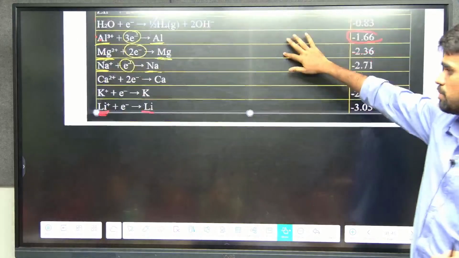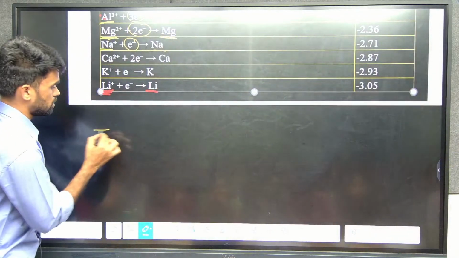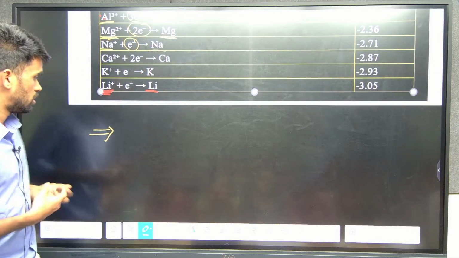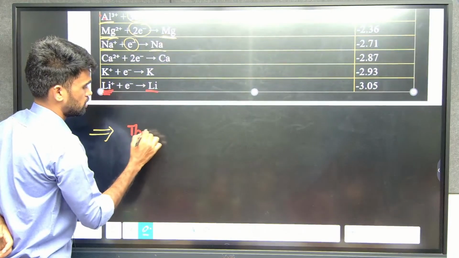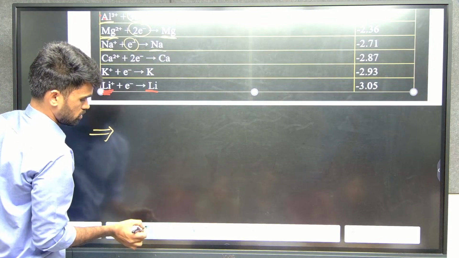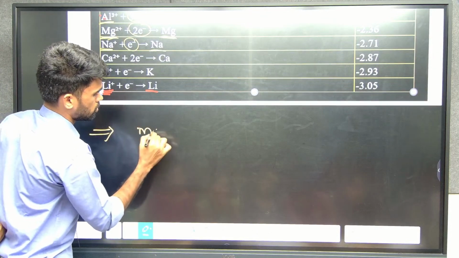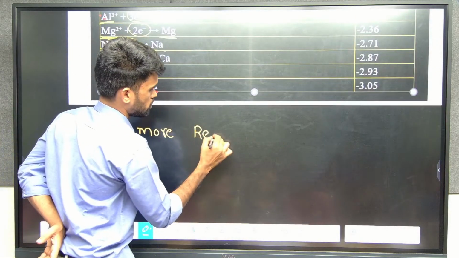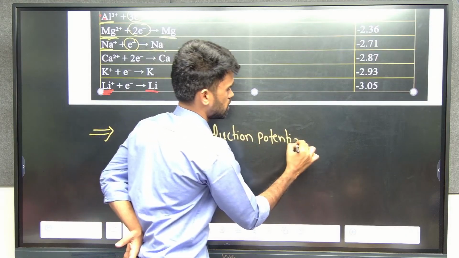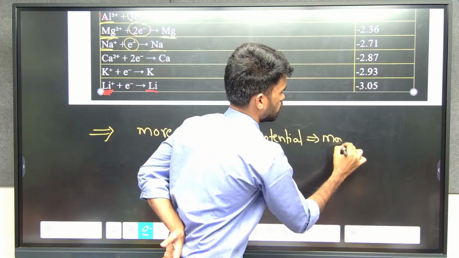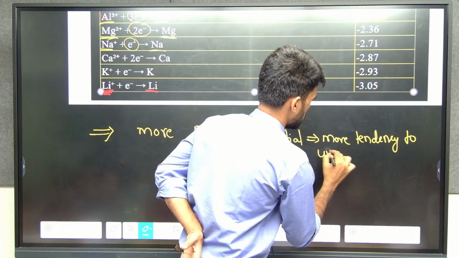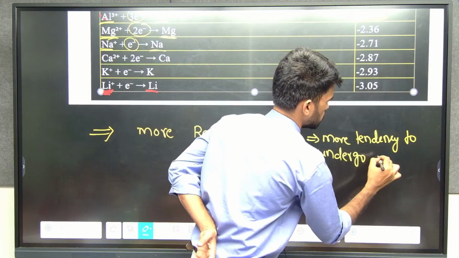Okay. Now I'm writing two lines here. Just take. So these values are reduction potentials or oxidation potentials? The more reduction potential, more tendency to undergo reduction.